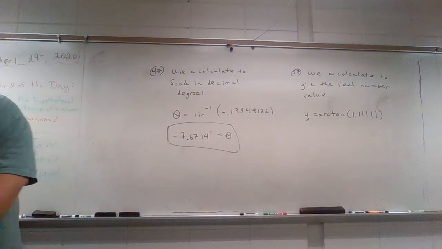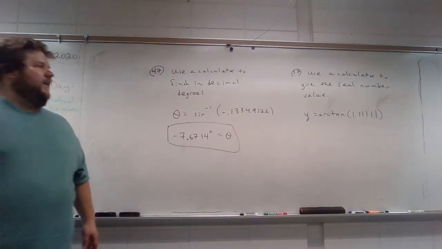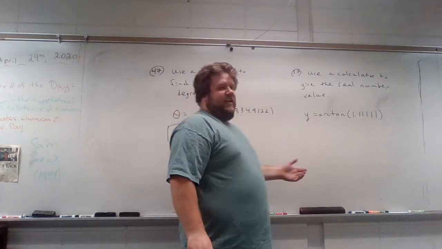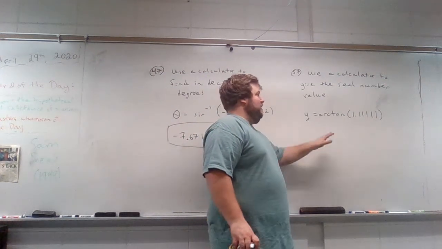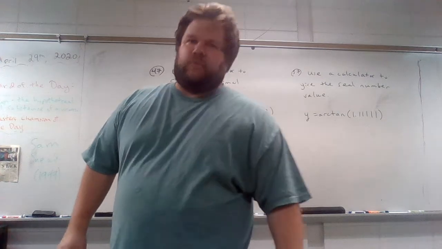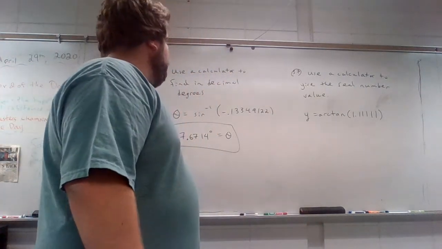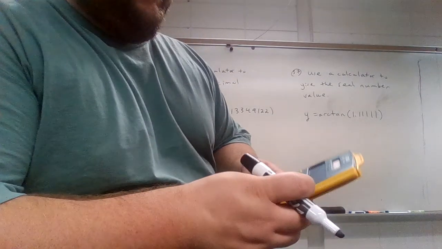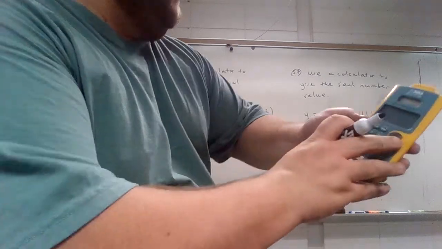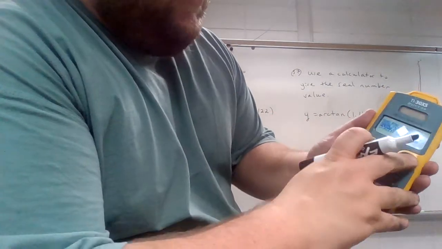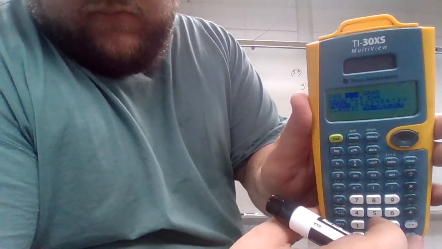The only difference is if it says real number value, or honestly doesn't say anything, you're going to be in radians. They really have to tell you they want you to be in degrees. So if they don't say anything or they say real number, then your mode has got to be on radians.